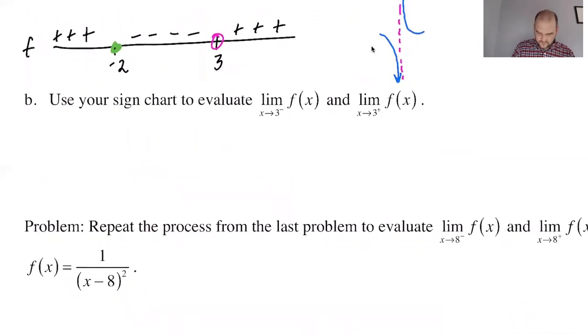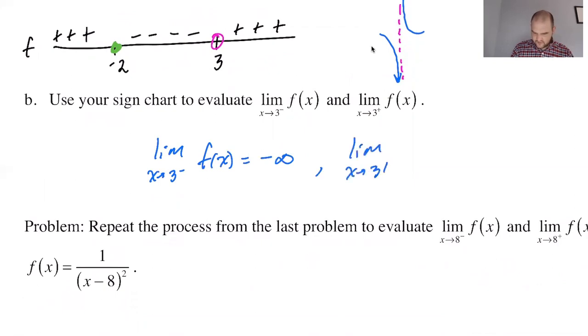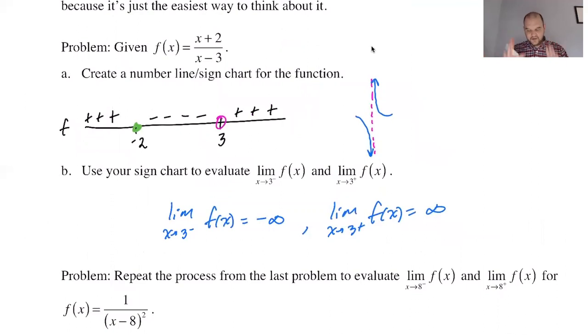So here, the limit as x approaches 3 from the left of f of x is negative infinity, whereas the limit as x approaches 3 from the right of f of x is positive infinity. And I'm getting that because I know on the sign chart that 3 is a vertical asymptote. I already know that.